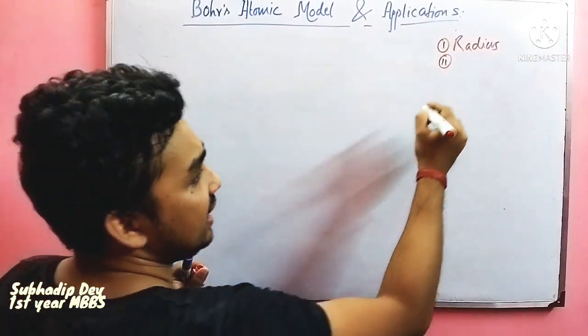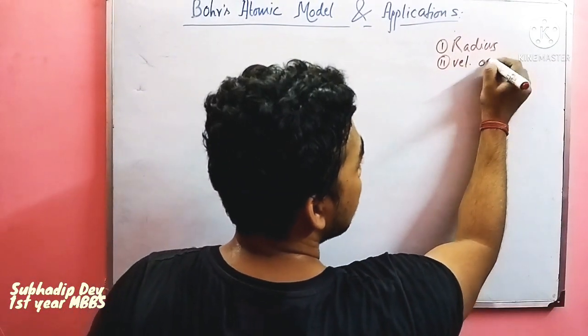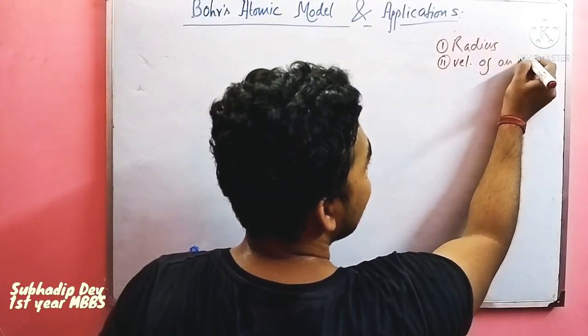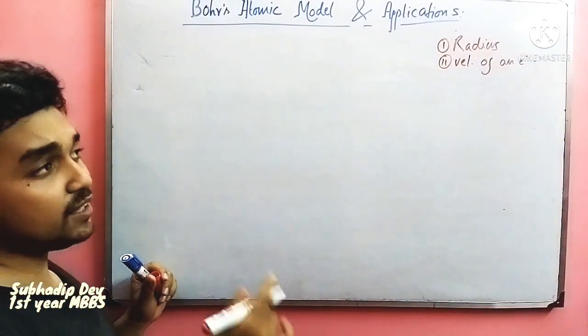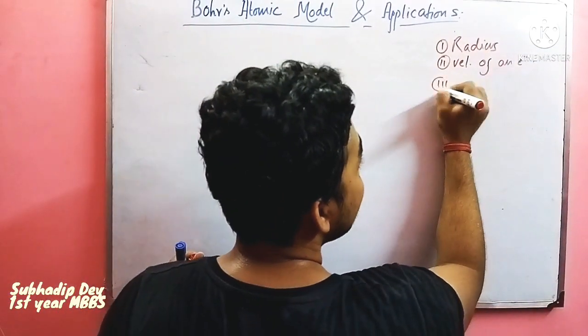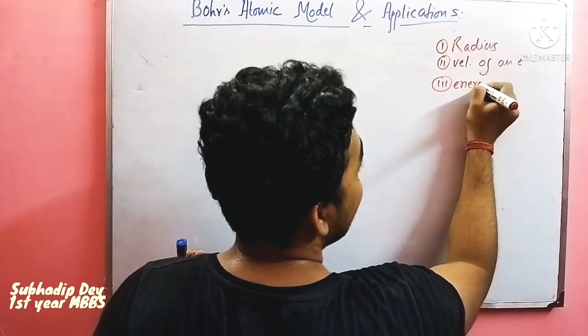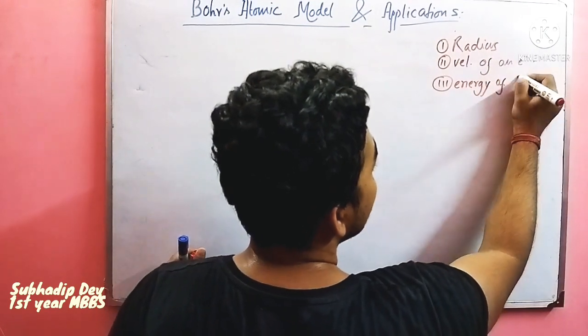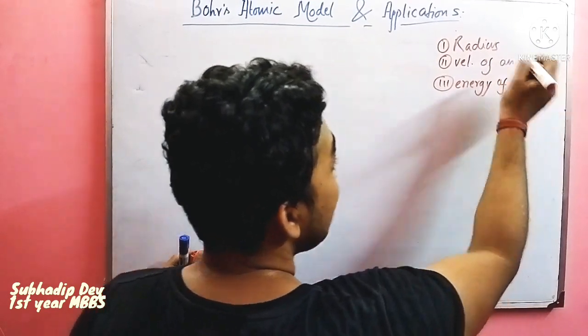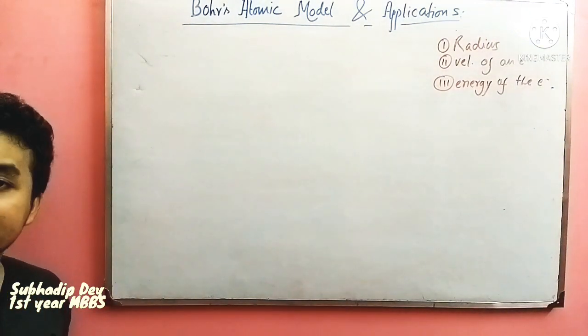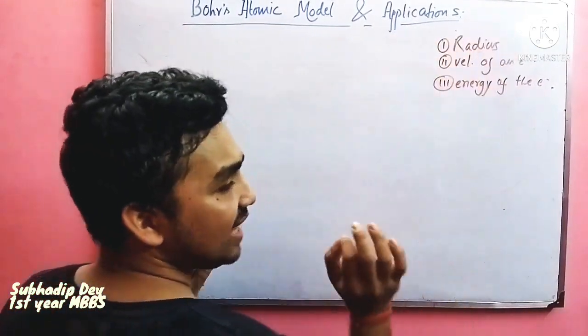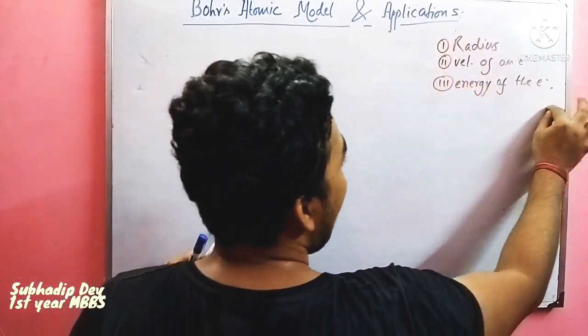Next, we will see the velocity of an electron within the specific orbit. And thirdly, we will see the energy of the electron within any of those orbits. So the application consists of just these 3 ideas.